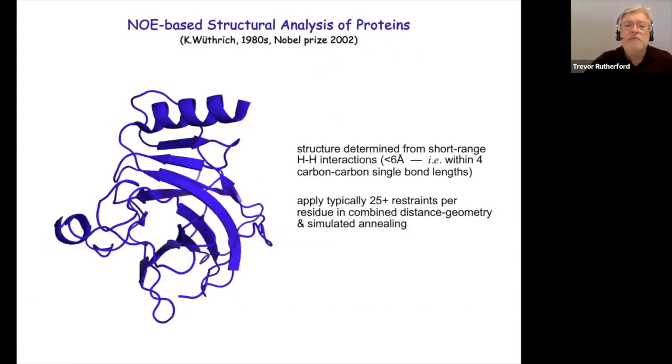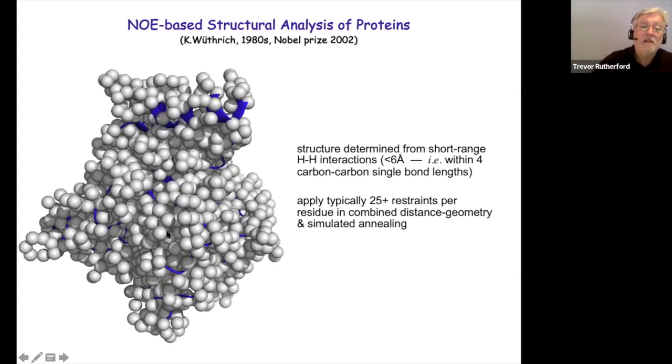If we look at the growth of protein structure determination by NMR in solution, it really grew up from the early 1980s, when Kurt Wuthrich's group in Zurich were using NOE-based approaches to determine protein structure. The idea is that inside the protein there are thousands of protons.